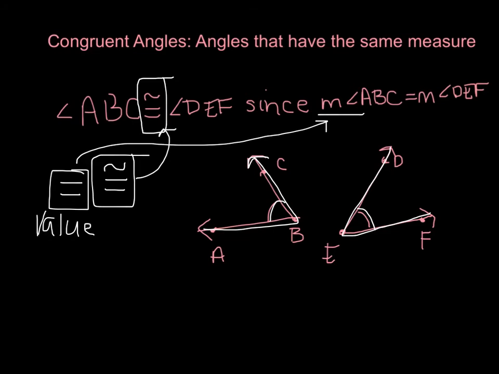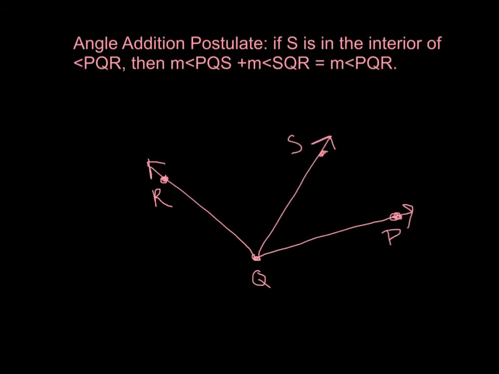So here's another postulate for you: the angle addition postulate. If S, right here, is in the interior of angle PQR, then the measure of angle PQS, so this angle right here, plus the measure of angle SQR is equal to the entire angle.